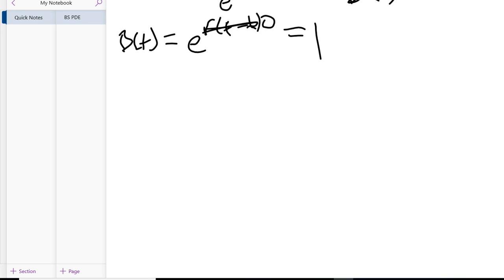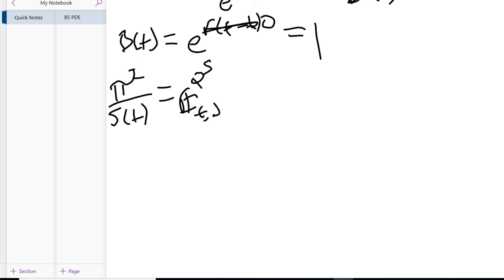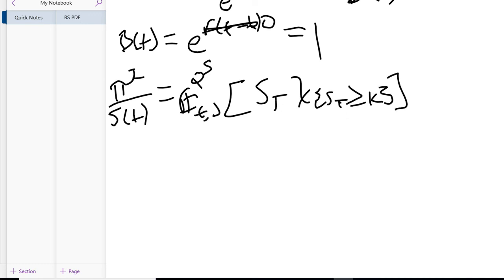Well, we would then have pi 2 over S of little t equals the E^QS expectation of the indicator that the terminal underlying is greater than K, and then all this over S(T).